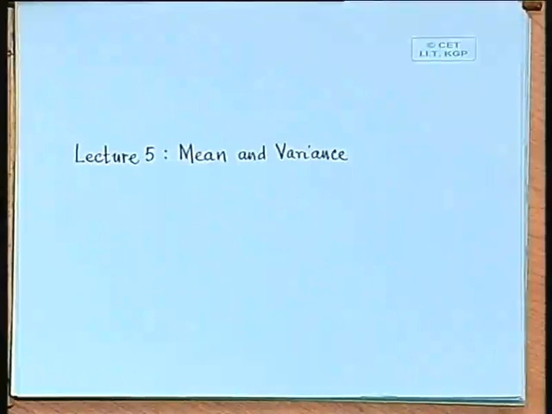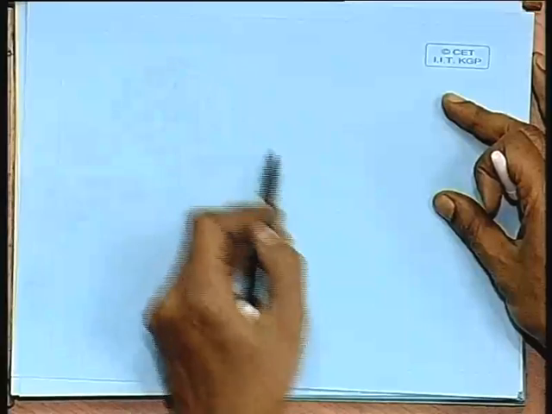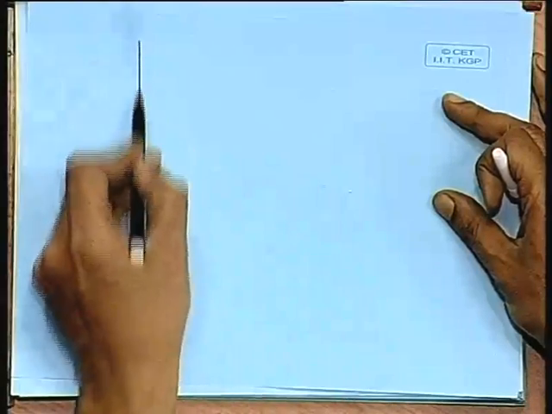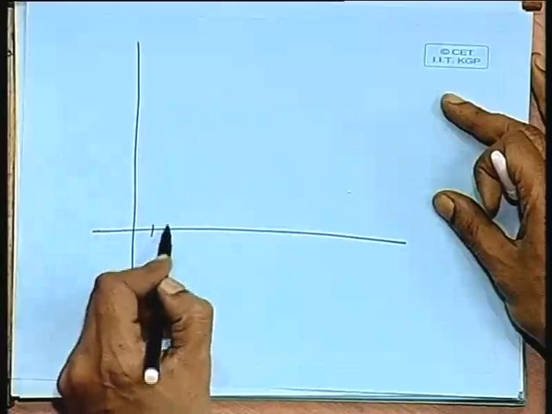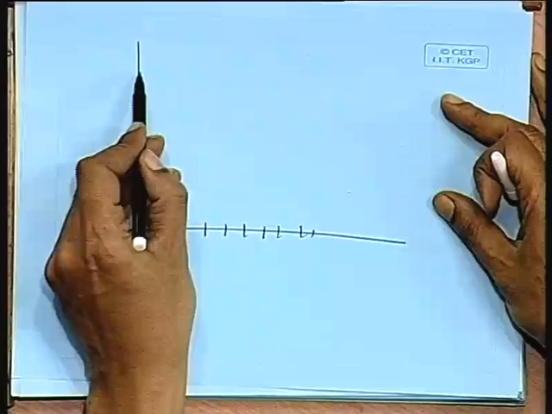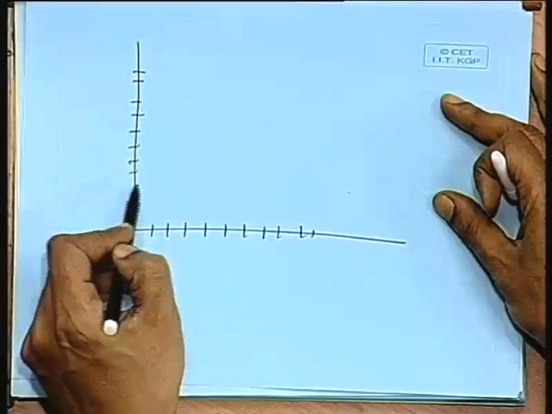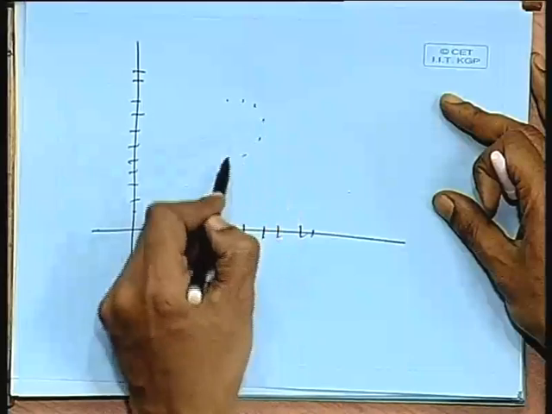Number two is that this is not enough, because pictorially it becomes interesting to see that suppose you have a random variable, and suppose these are number of samples. The random variables take values in this region.